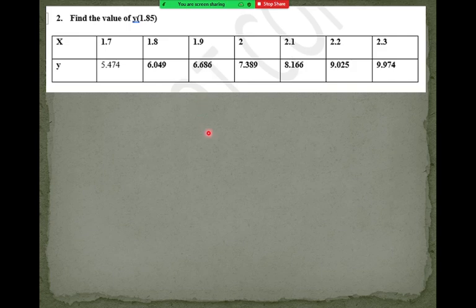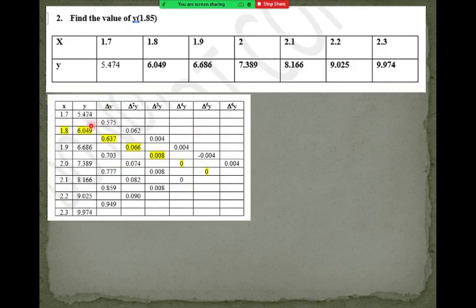Then the difference table. Let me show you a solution here. This is the difference table that you have to prepare first. Remember, last session also we did these difference tables to get missing values from the table. But you should take caution while doing these calculations.